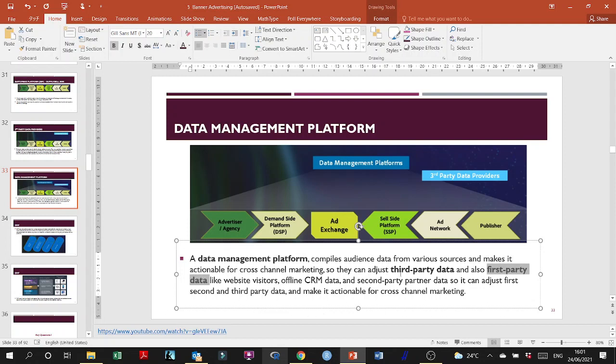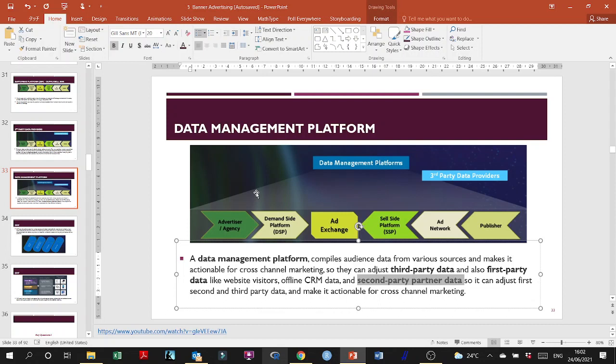First party data providers are like website visitors, offline CRM data, and second party data providers can also adjust first, second, and third party data and make it actionable. So basically, these data management platforms collect data from first party, second party, and third party data providers.